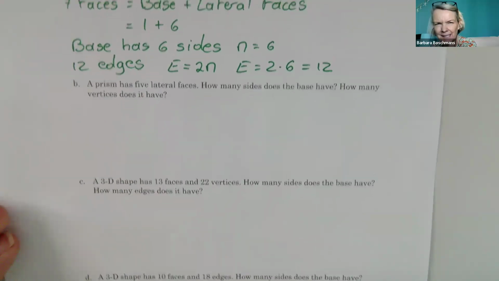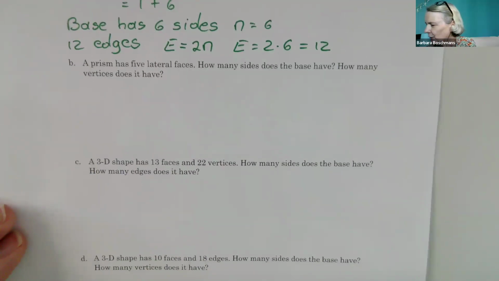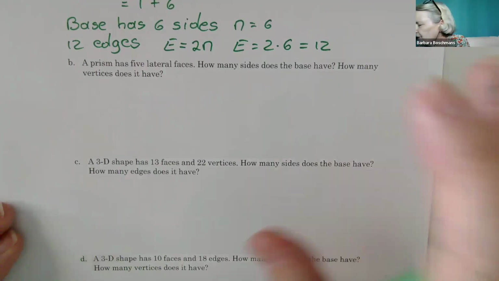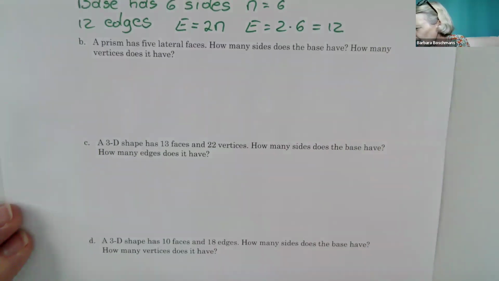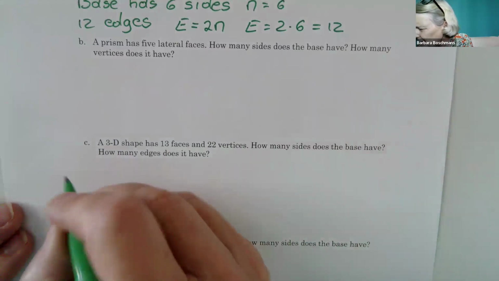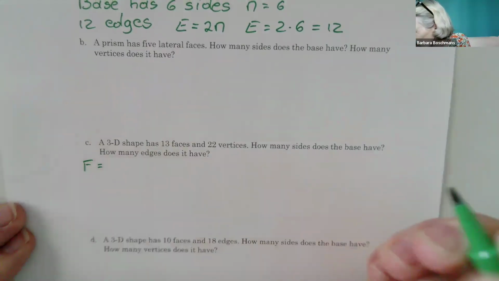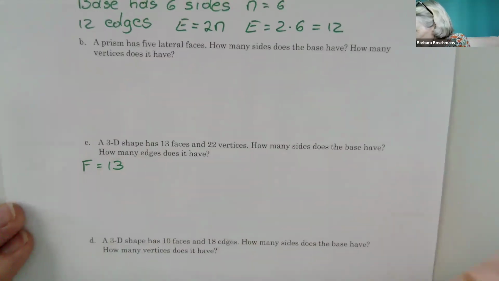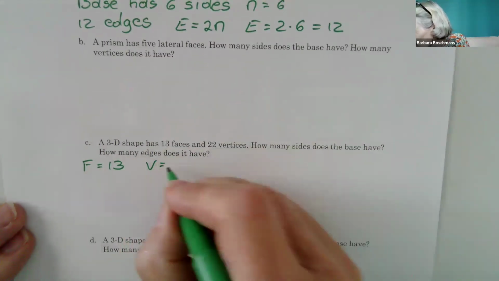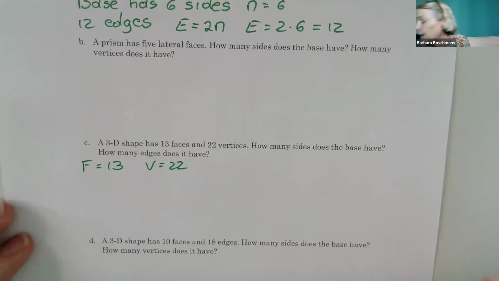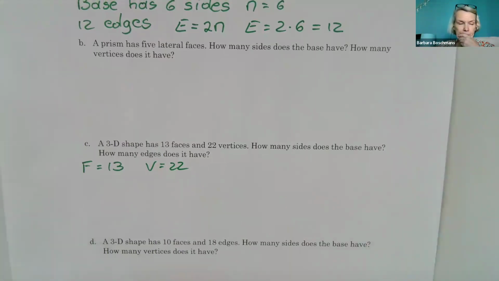Let's go to C together. A 3D shape. I don't know if it's a prism or a pyramid, but I know it has 13 faces and 22 vertices. So F is 13 and V is 22. I want to know how many sides the base has.